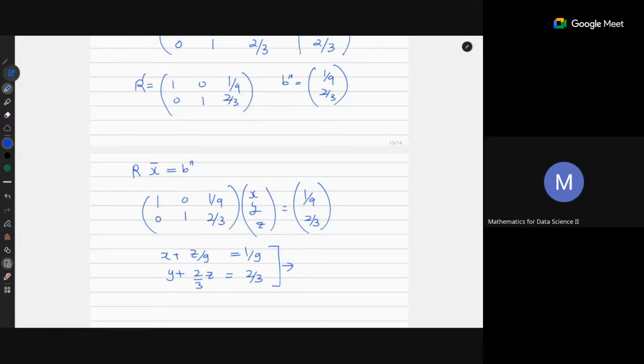So what we will get? We will get x is equal to 1 by 9 minus 1 by 9 z, and y is equal to 2 by 3 minus 2 by 3 z. So again, the leading variables were in the first and the second column. So x and y were the leading variables, and these will be the dependents, and z is the independent.